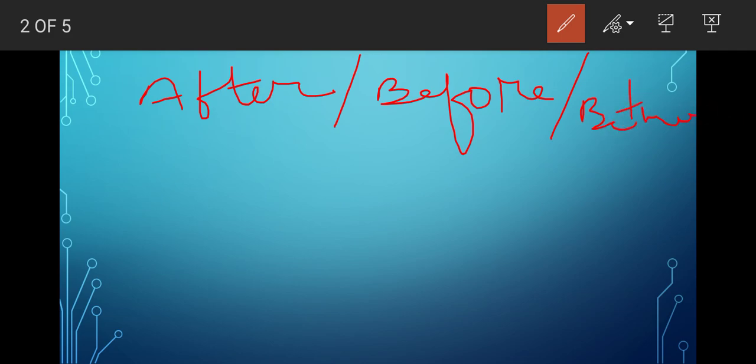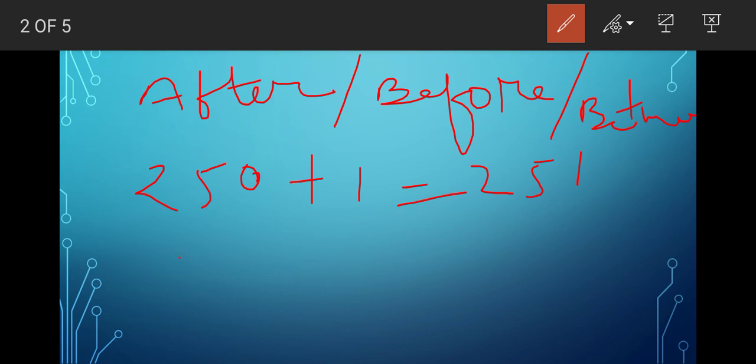So how do you know? In order to find out what number comes after, you have to add 1 to it. For example, 250 plus 1. You are going to get 251. That means after 250 is 251.